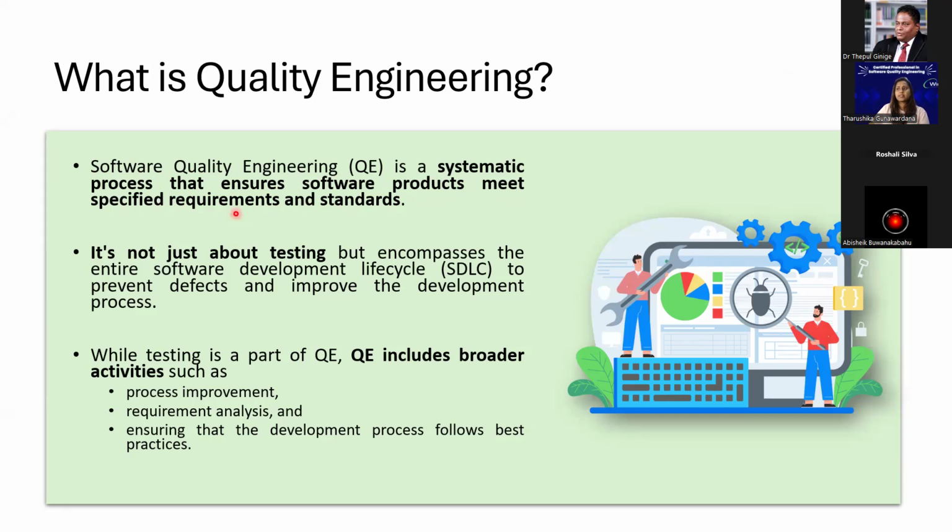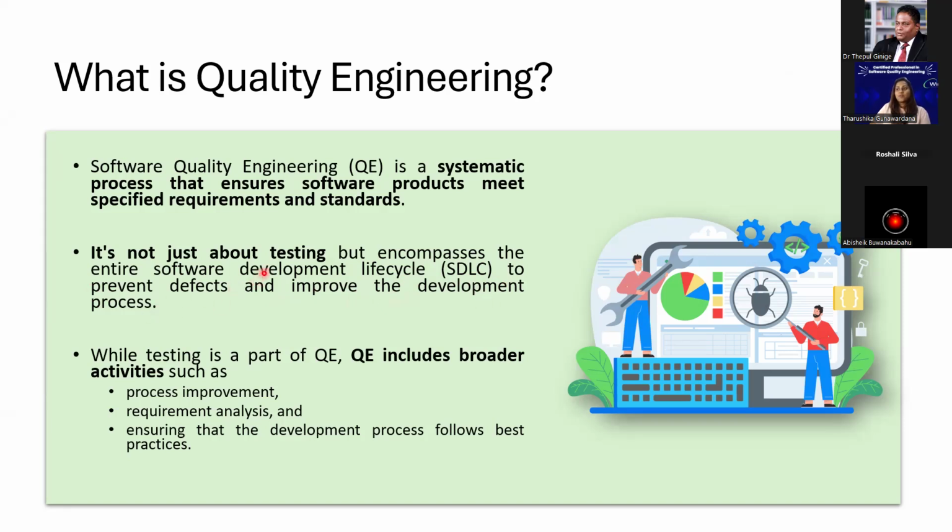What we are doing is, of course, testing the software, but we are checking whether the user or the client needs are met by the particular development or not. That cannot be done just by testing, right? So it's not just testing, but encompasses the entire software development life cycle, that means the SDLC, to prevent defects and improve the development process.